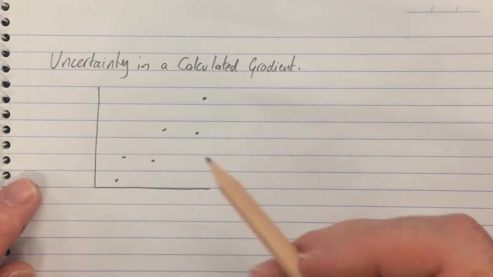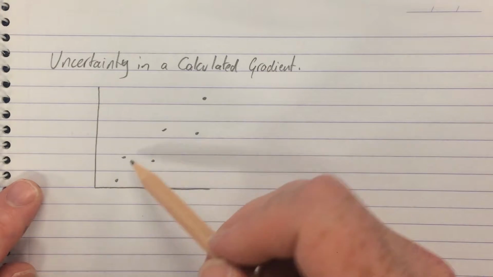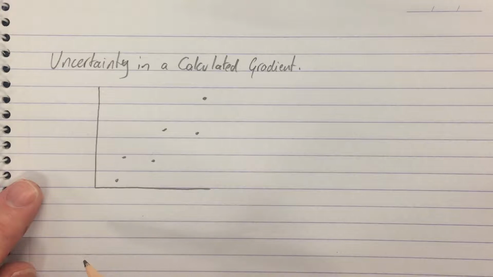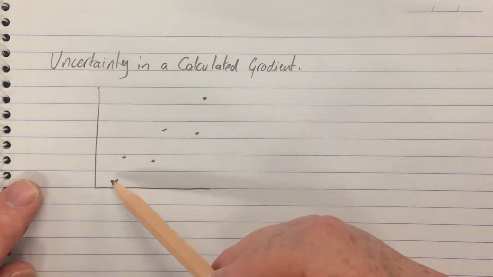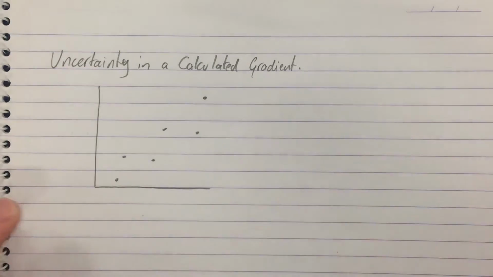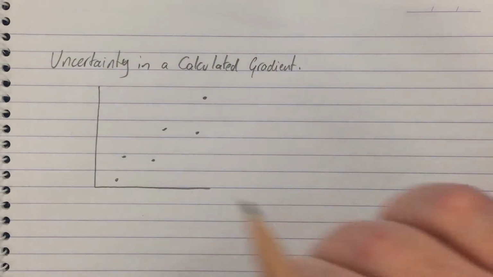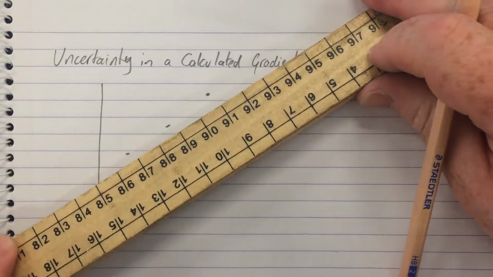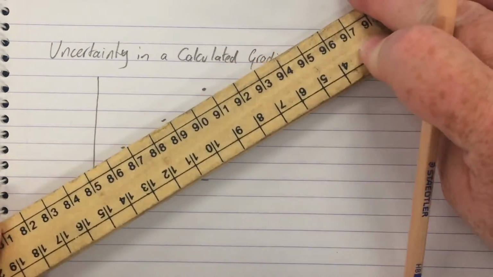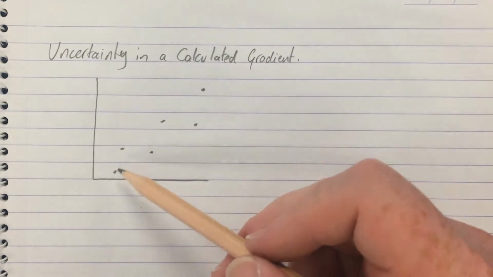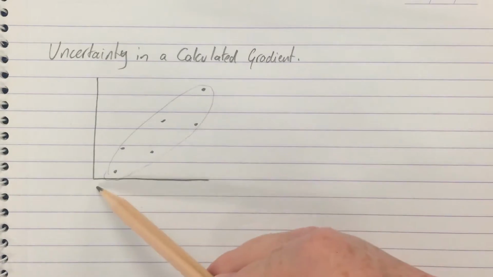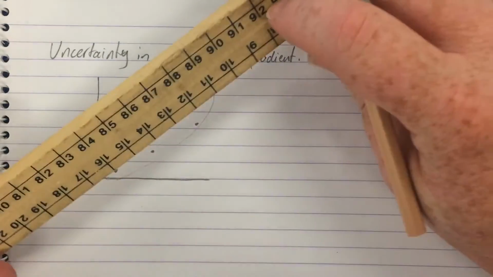And what we can do is actually draw a line that passes through the center of this data. What we're going to do is just draw that line by sight. So we're going to take our ruler and place our ruler so that it passes through most of the points, or if you imagine drawing a circle around the data, it passes through the center of that circle.